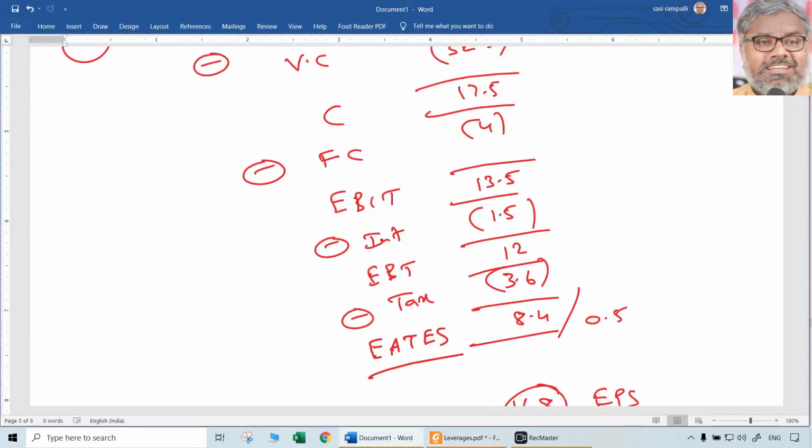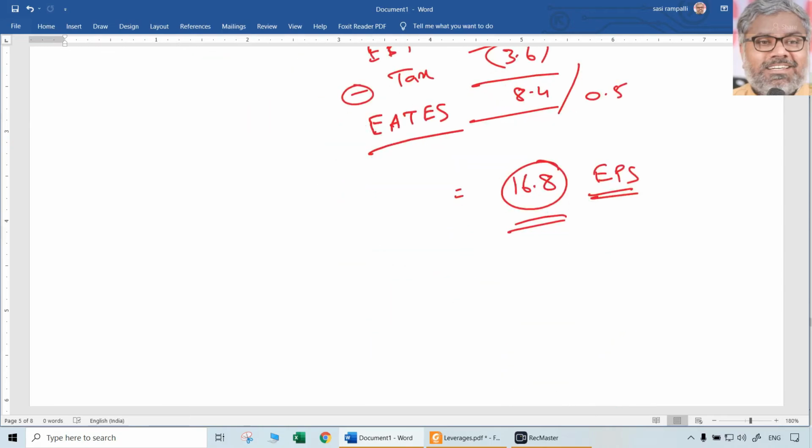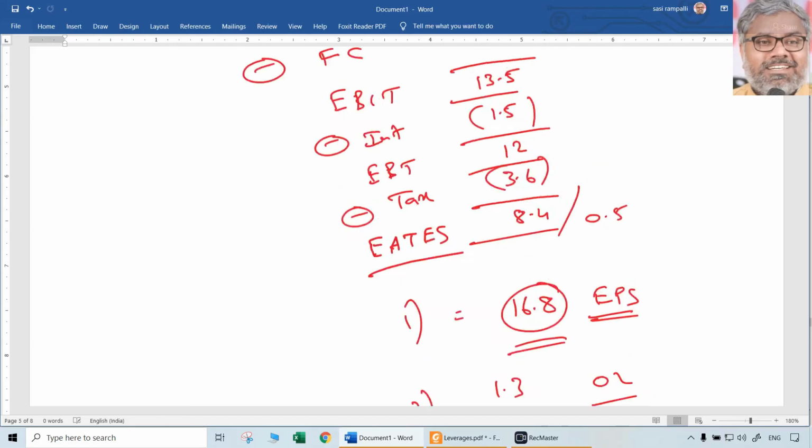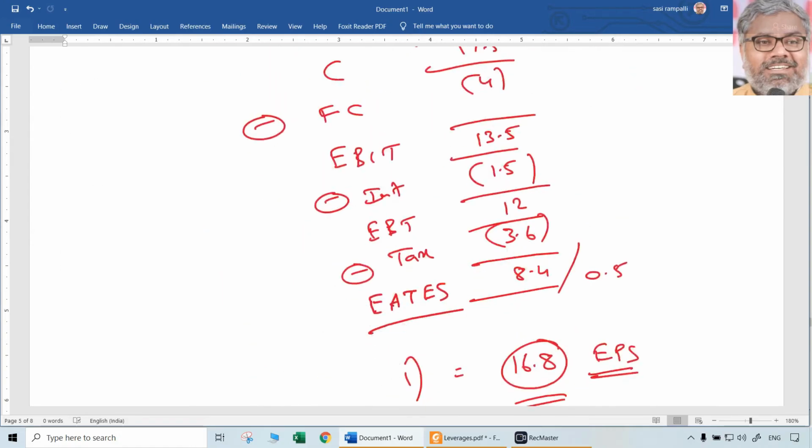Then operating leverage, straight formula: contribution divided by EBIT, 17.5 divided by 13.5. Degree of operating leverage is approximately 1.3. Then the financial leverage formula: EBIT divided by EBT, 13.5 divided by 12.